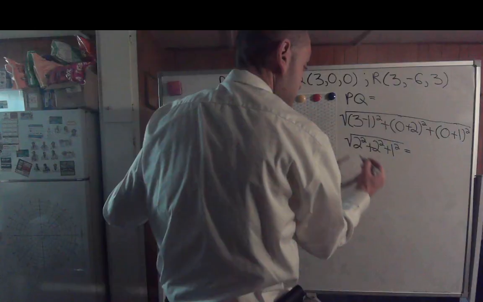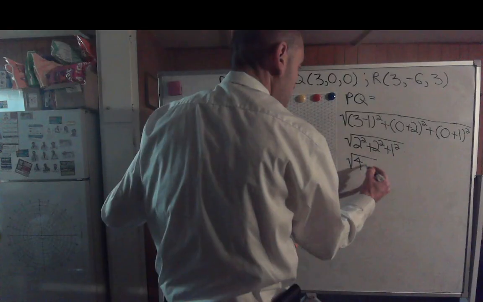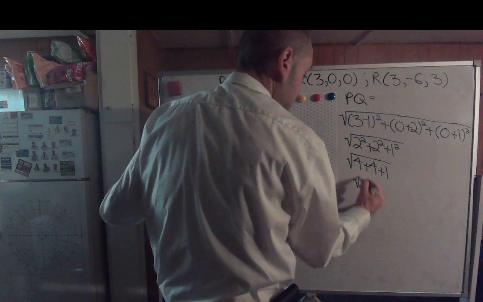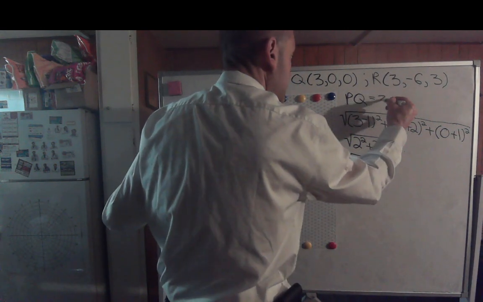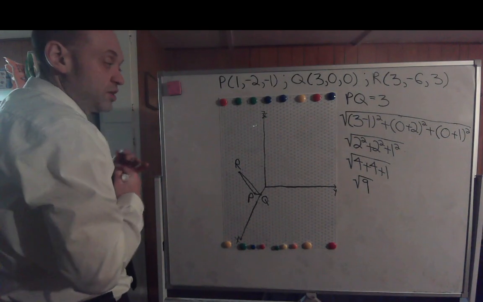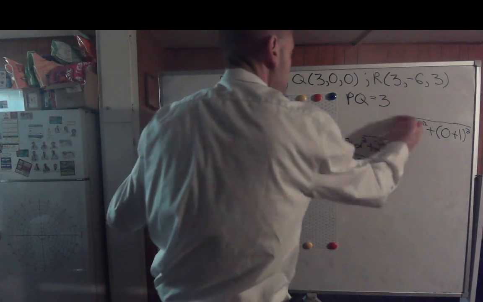This simplifies further into the square root of 4 plus 4 plus 1, which would become the square root of 9, so that means PQ has a length of 3. Now we need to find the other two sides.